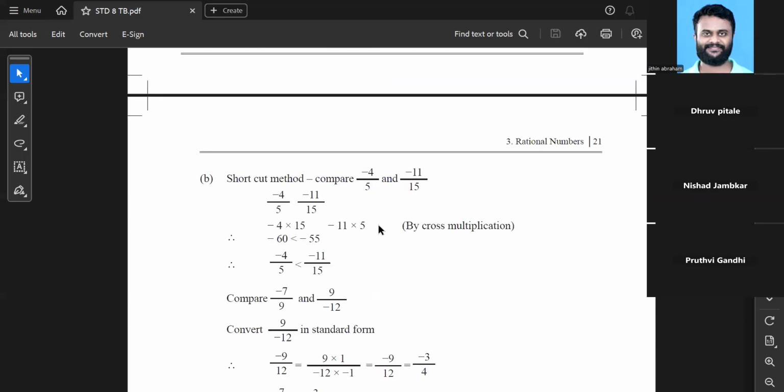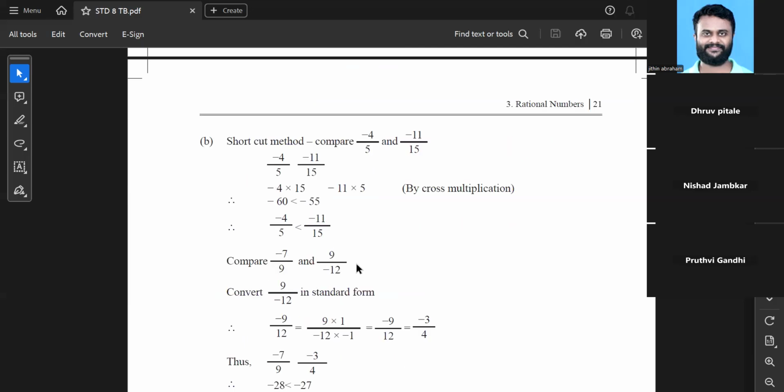And a shortcut method we had discussed: you simply cross multiply them and see whether the left hand side is greater or the right hand side is greater. For this, the only condition you have to follow, which I've already told you, is to make sure the negative sign is always in the numerator, never in the denominator.